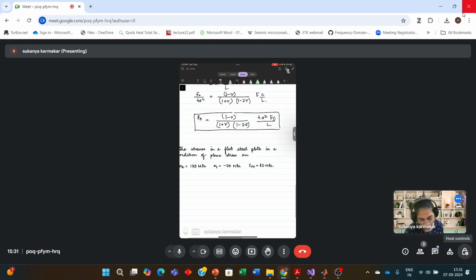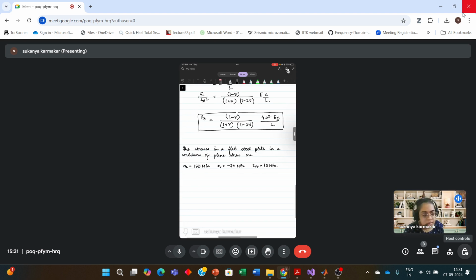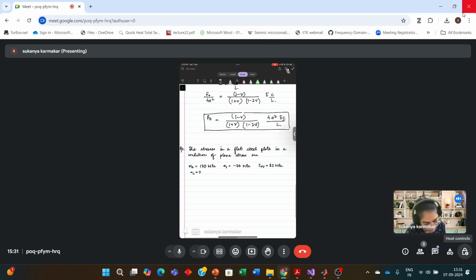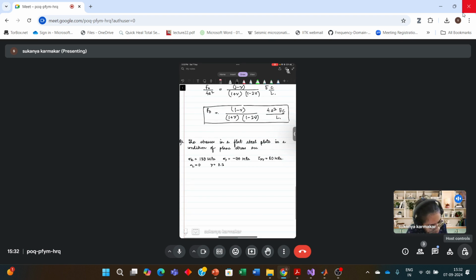Since it is a plane stress condition, sigma z is 0. Still, I'll write sigma z is equal to 0. Nu is equal to 0.3 and E is equal to 205 GPa.